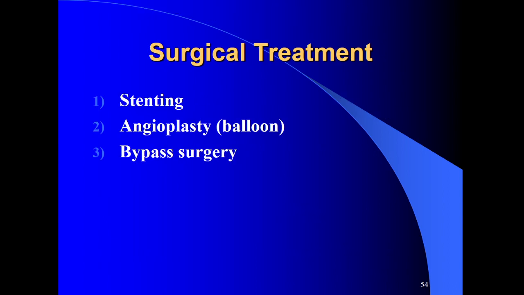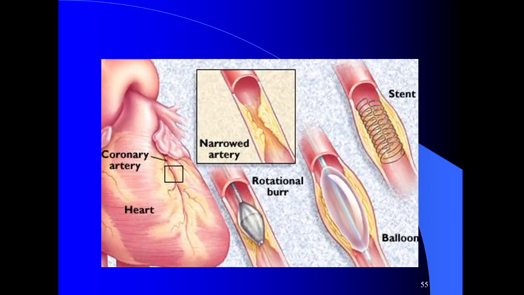Surgical treatment includes several points and different types. First, it can be stenting, angioplasty, and bypass surgery. So here you can see how we can apply stenting.